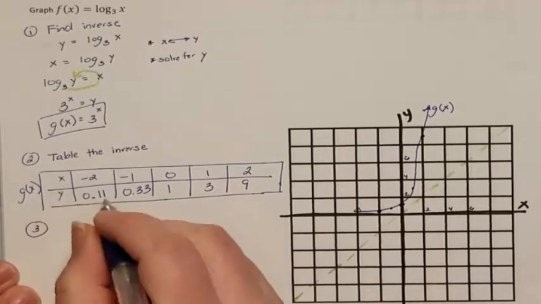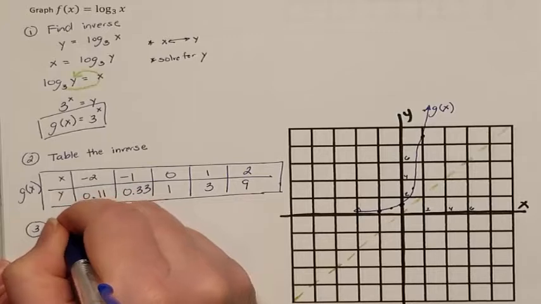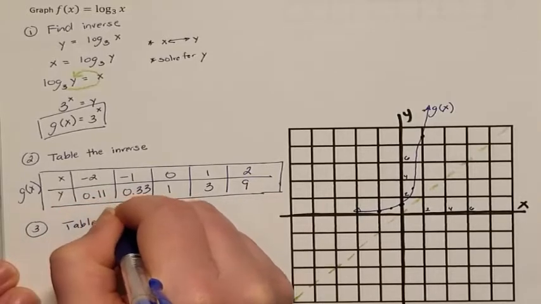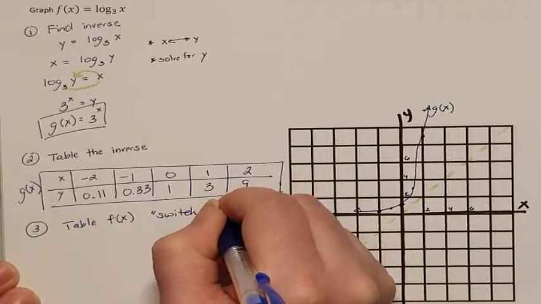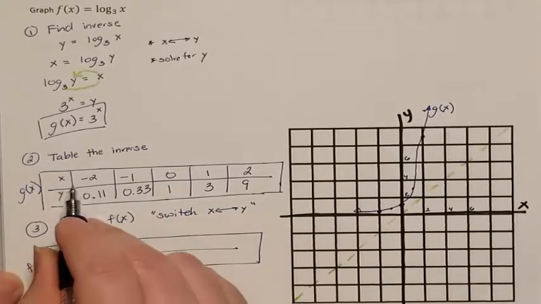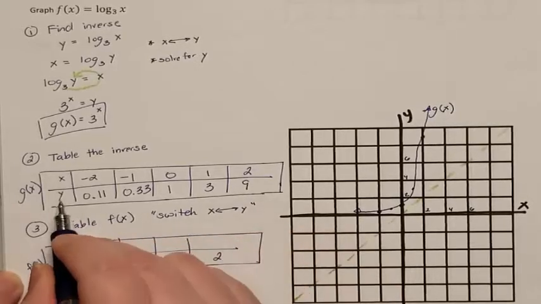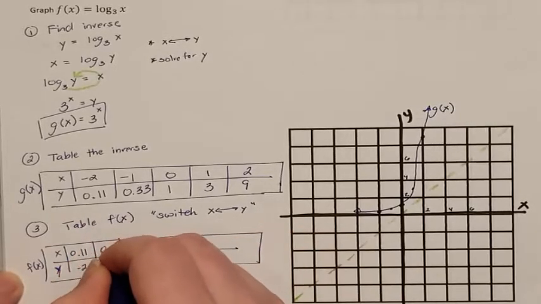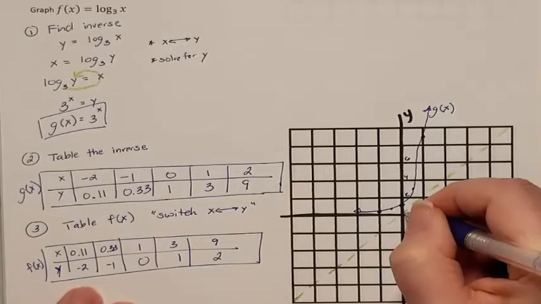Well, remember, if you have the table of the inverse, you can switch your x and y's, and you can find the table of your f. So if it was an x, it is now a y, and if it was a y, it is now the x value. And we're now going to graph f of x.